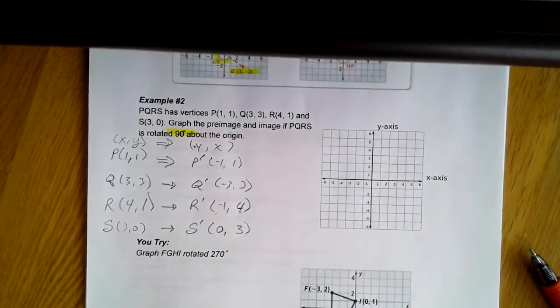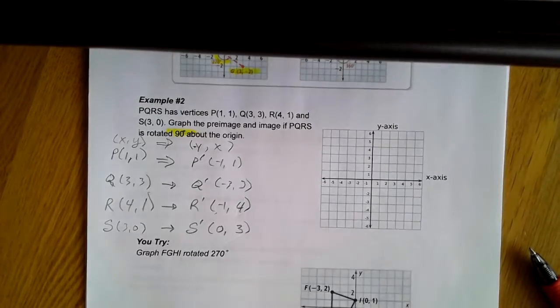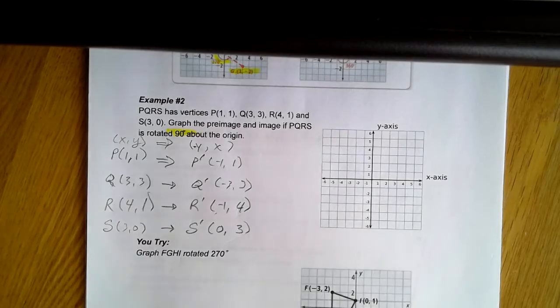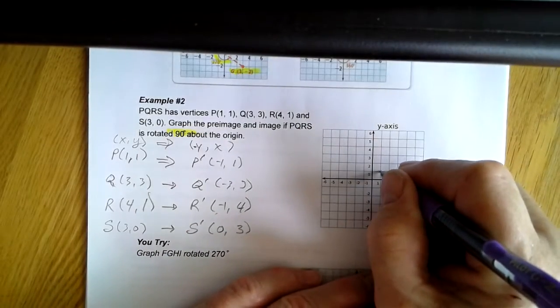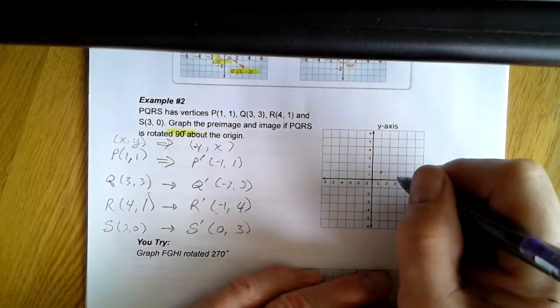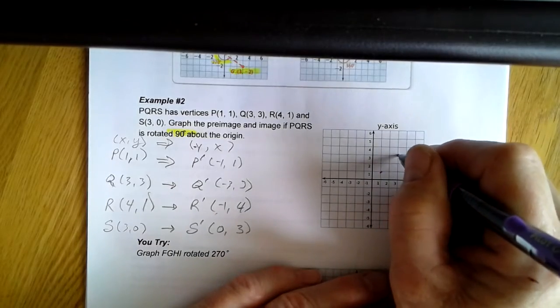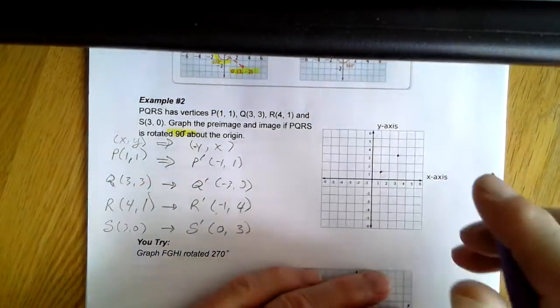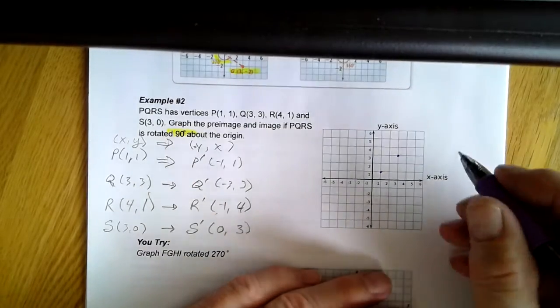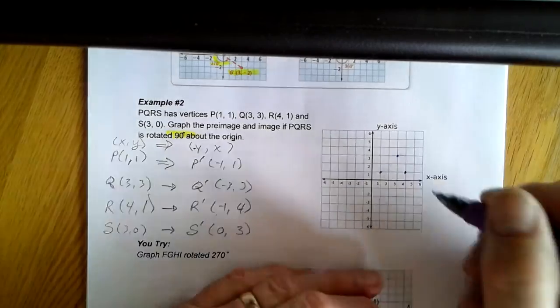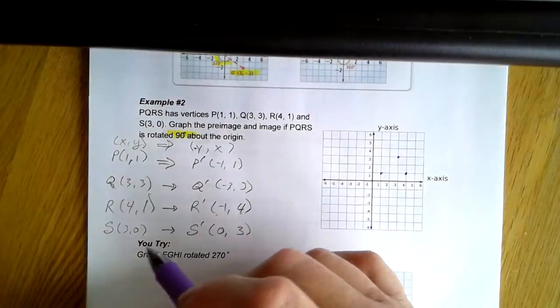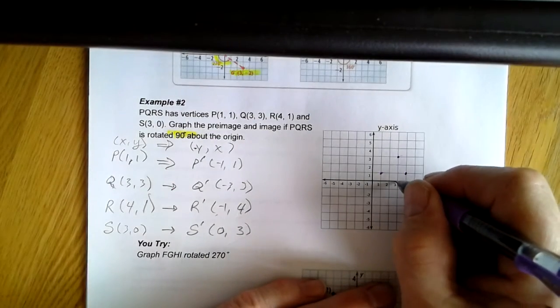So here's what we're going to do. We are going to take purple and red. Purple will be our pre-image. It's 1, 1, 3, 3. Okay. Let's see, 4, 1, 1, 2, 3, 4, 1, and 3, 0.